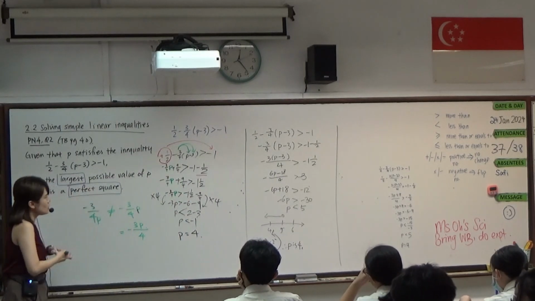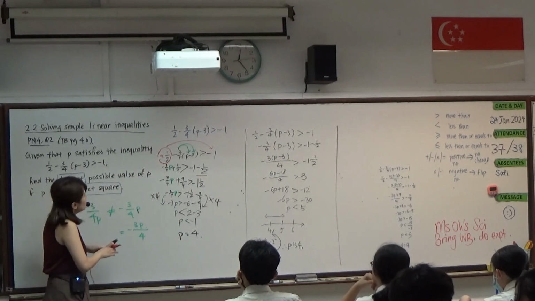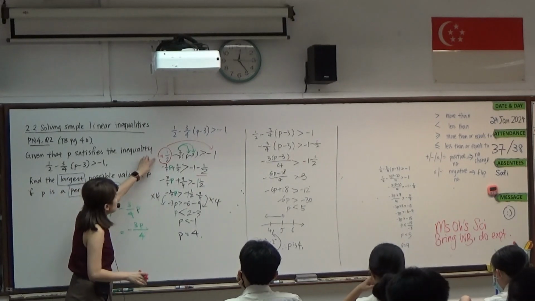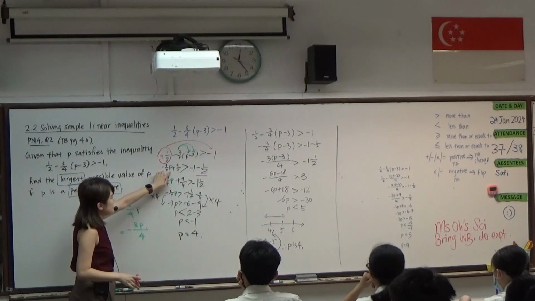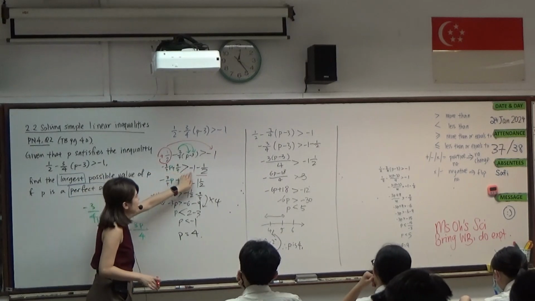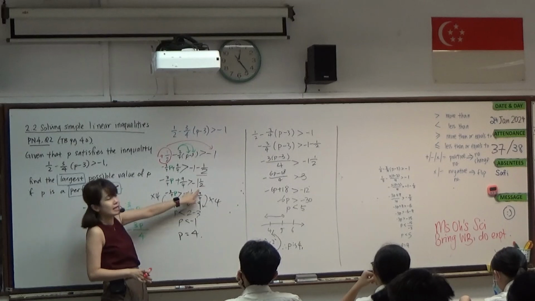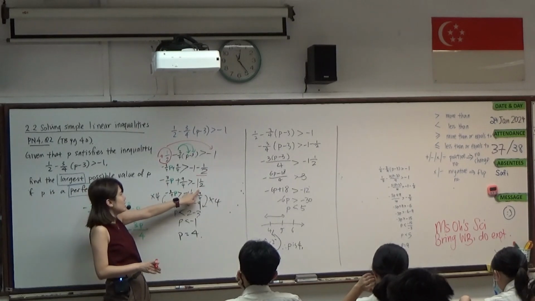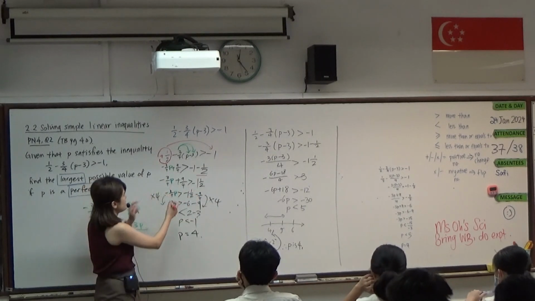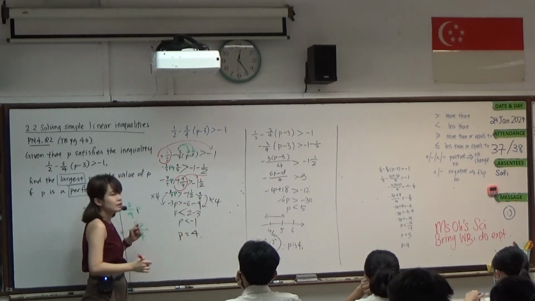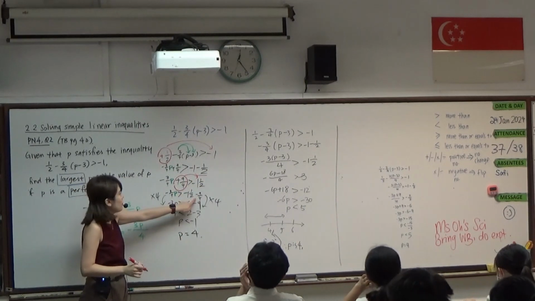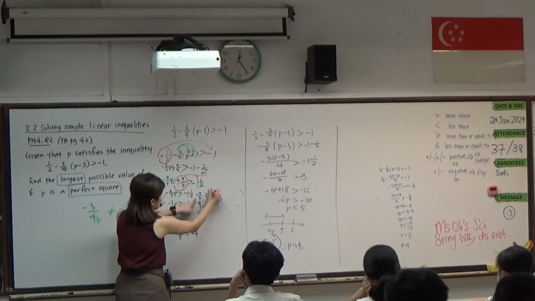Now, from here to here is already done. He got negative 3/4p plus 9/4 more than negative 1 minus half, which simplifies to negative 1.5. Then he took this positive 9/4, brought it over to the right side, and it becomes a minus 9/4. So this step is also done.